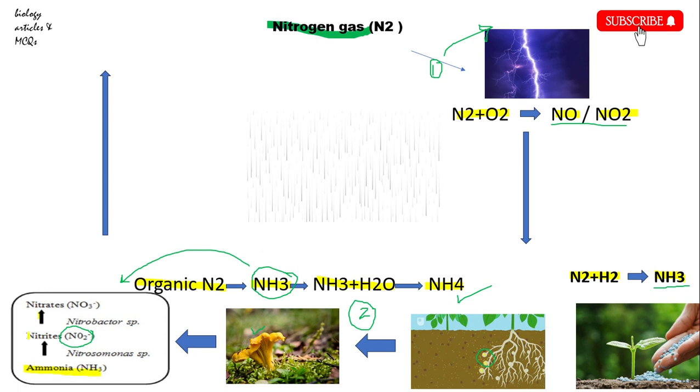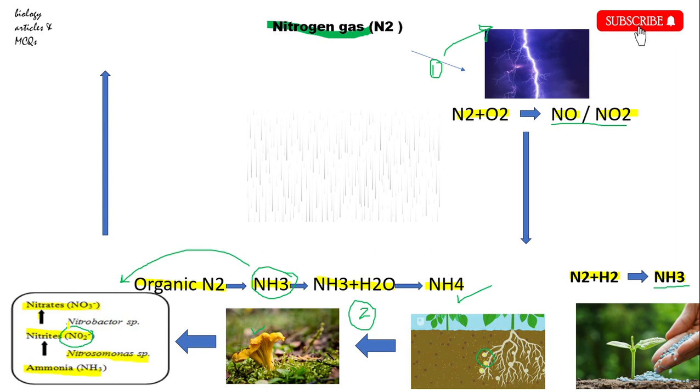Ammonia is changed into the nitrites that are NO2 negative, and this conversion of ammonia into nitrites is going on through the help of some bacteria that are called Nitrosomonas. And guys, this is the bacteria that reacts in the presence of oxygen. So ammonia will react with the oxygen and change into the nitrites, and nitrites will react with the oxygen and change into the nitrates.